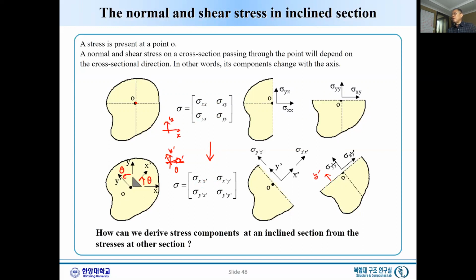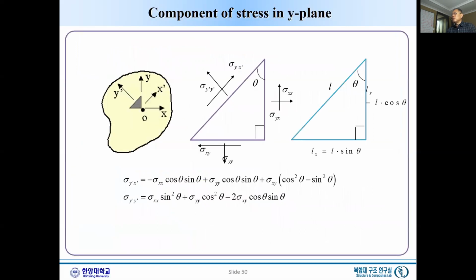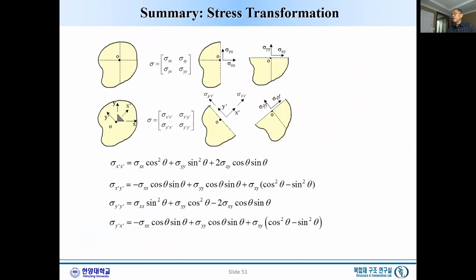So we went through derivations using force equilibrium in the x prime and y prime directions, and then finally here is a summary. I summarized the result: stress transformation. sigma x prime, sigma x prime y prime, sigma y prime, and sigma y prime x prime.